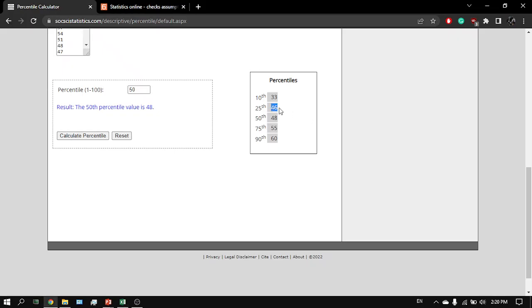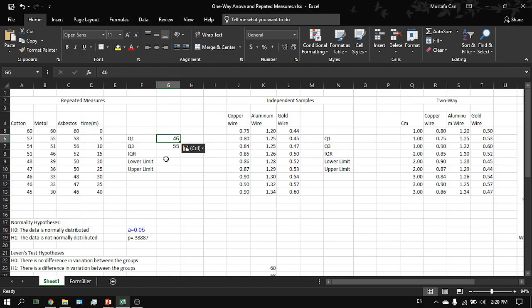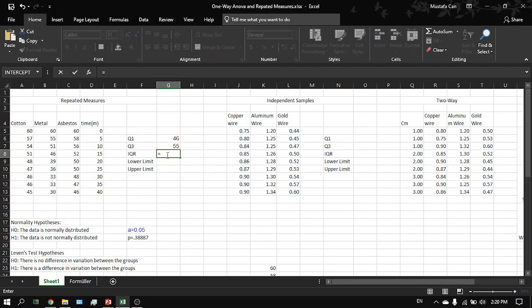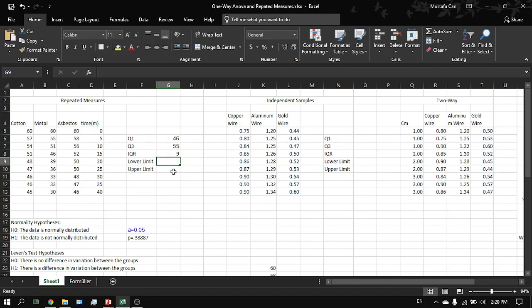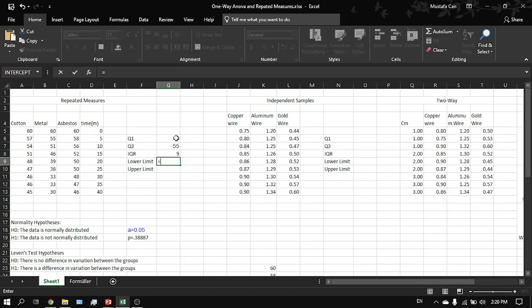Q1 is the 25th percentile, and Q3 is the 75th percentile. I find the interquartile range by subtracting Q1 from Q3. I find the lower limit by Q1 minus the interquartile range multiplied by 1.5, and I find my upper limit by Q3 plus the interquartile range multiplied by 1.5.